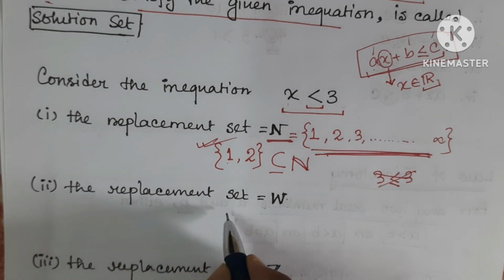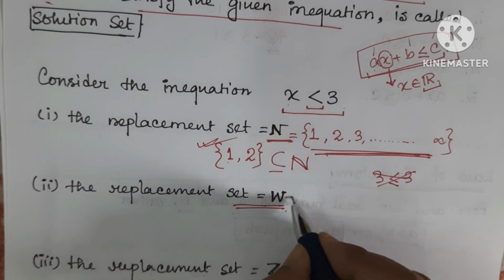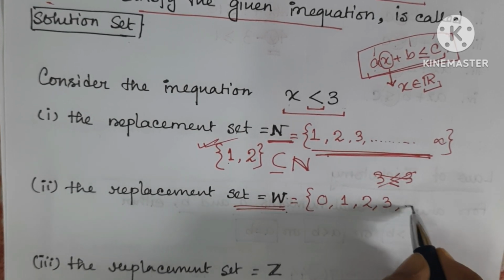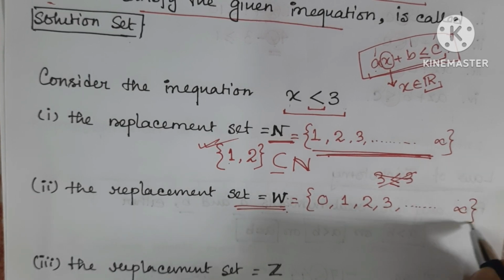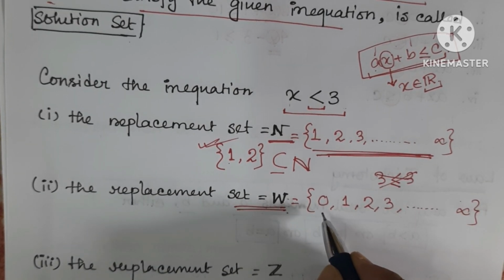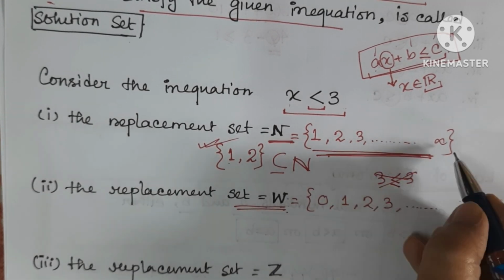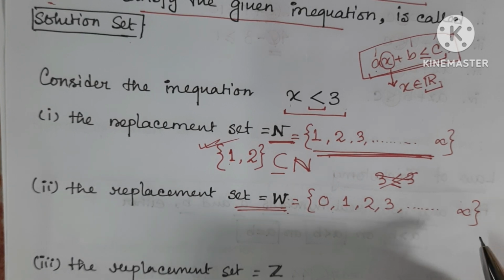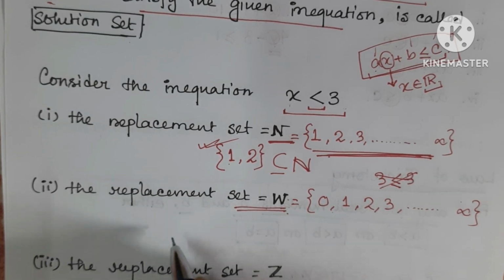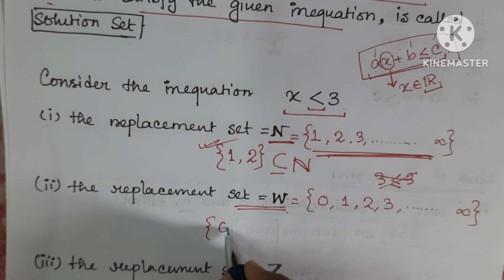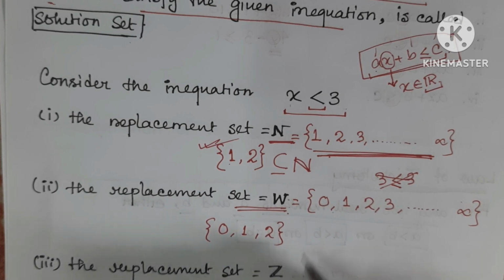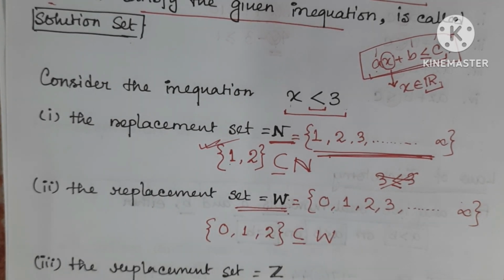Now, if the replacement set is W, means set of whole numbers, right. So, what are the members of this set? 0, you just include 0 with the set of natural numbers, you will get whole numbers. So, 0, 1, 2, 3 and so on, okay. So, in that case, what will be the solution set? That is obviously a subset of W. Understood?